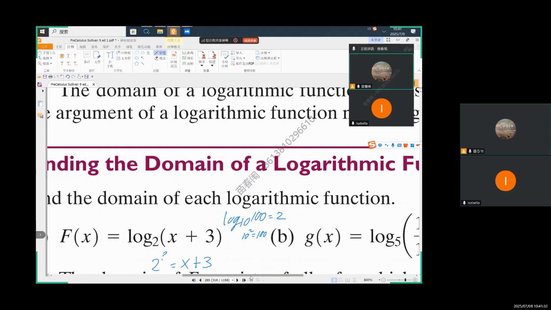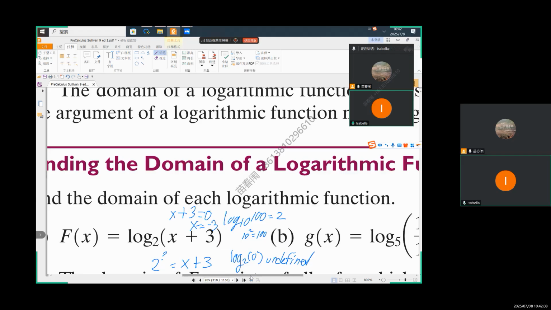Okay, let me think. I was just confirming that because I feel like when x equals 0, it's undefined.